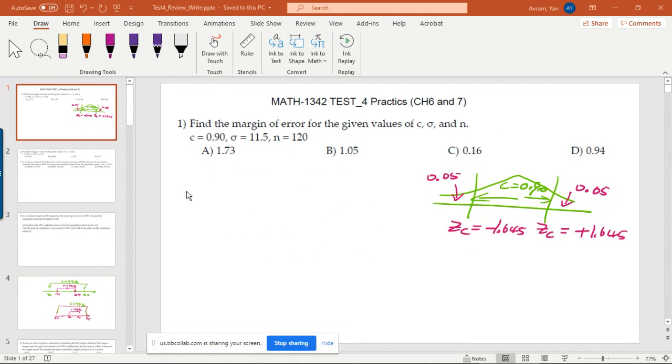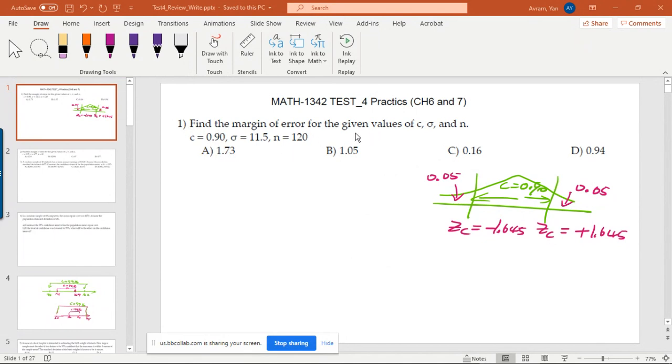So just a heads up: it has more new concepts, but once you understand the new concepts, the calculation is also based on the concept. That's why it's very important that you understand the concept first, okay?